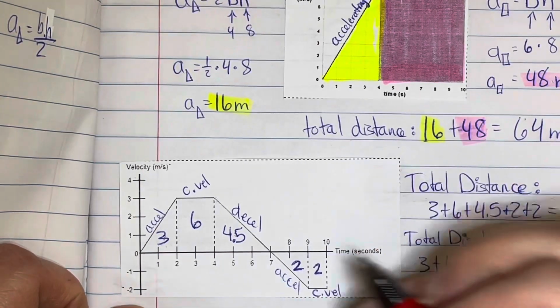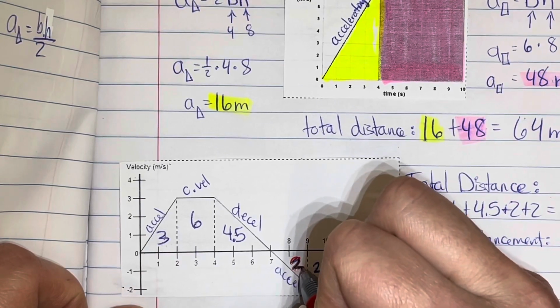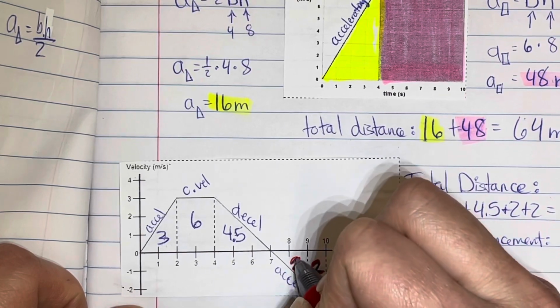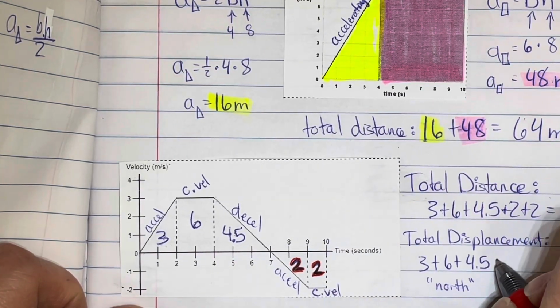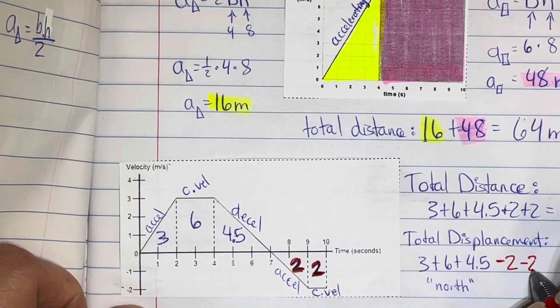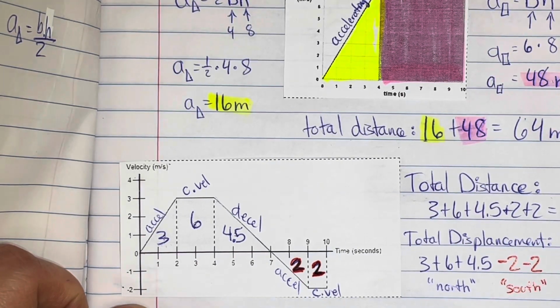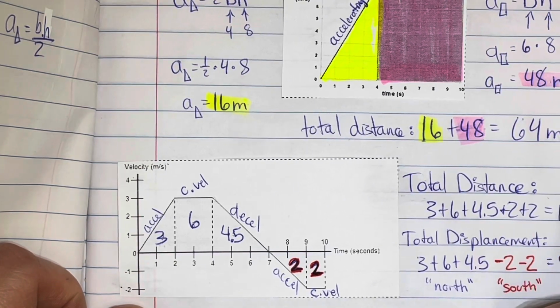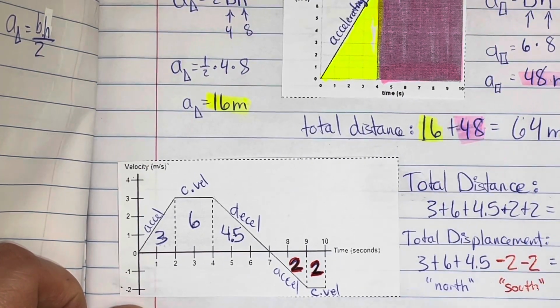But these two values of 2 are going south, the opposite direction. Okay? So we need to subtract 2 and 2. Opposite directions. So if I add these up, that's 13.5 minus 4, 9.5 meters was the total displacement.